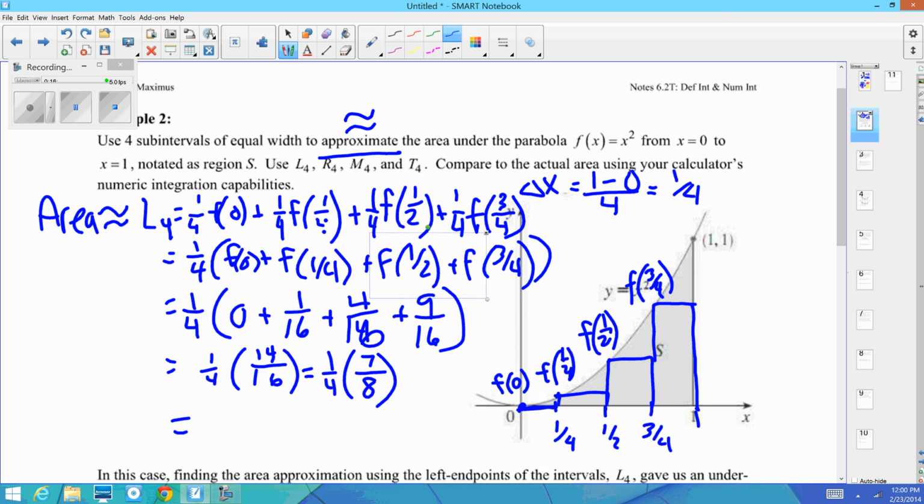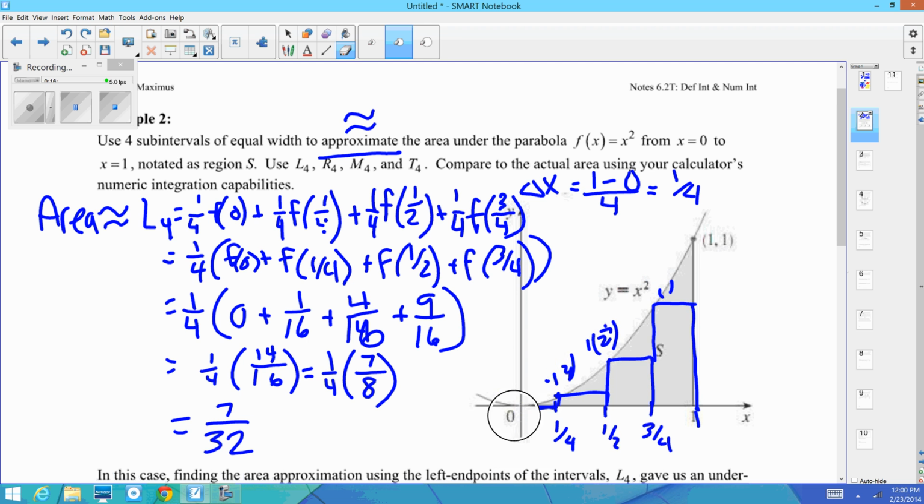So our approximation would be 7/32. All right, and that is an under approximation, remember, because if you draw the rectangles, they're underneath the curve.